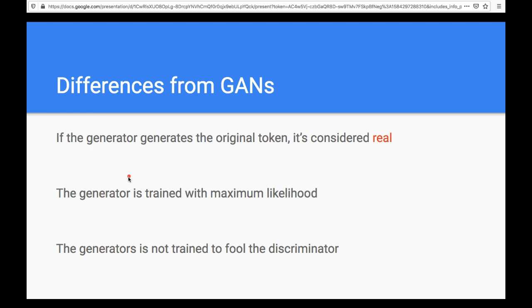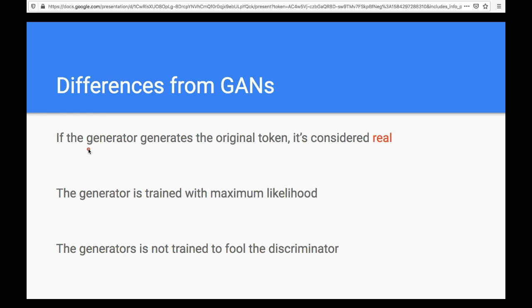And this differs in some places from a GAN, a generative adversarial network. Usually a GAN is used in image processing. What an image GAN does is that one generator tries to produce an image as real as possible, and the discriminator needs to tell whether the image was generated by the generator or is a real image.